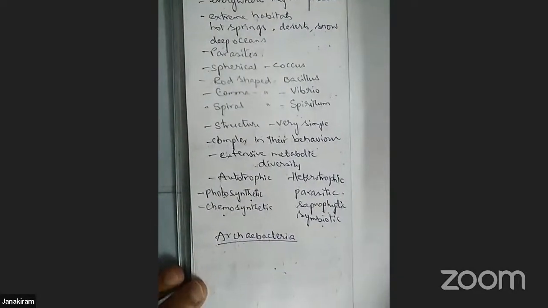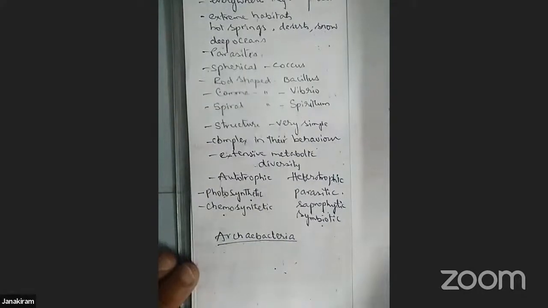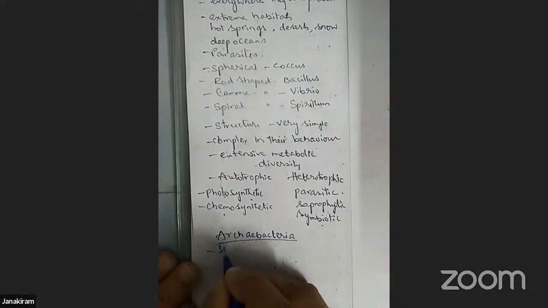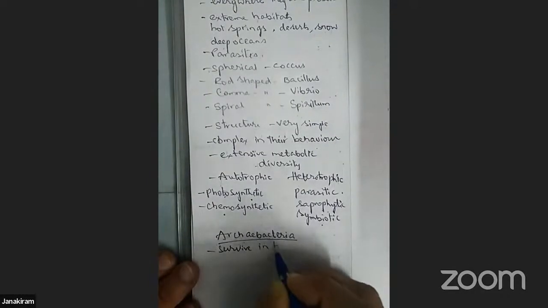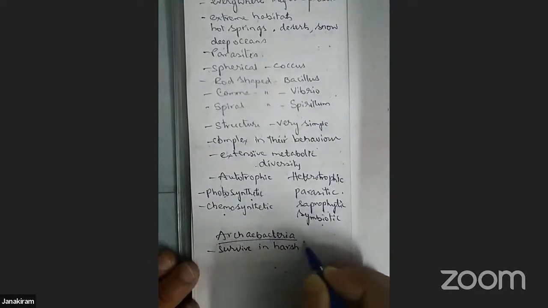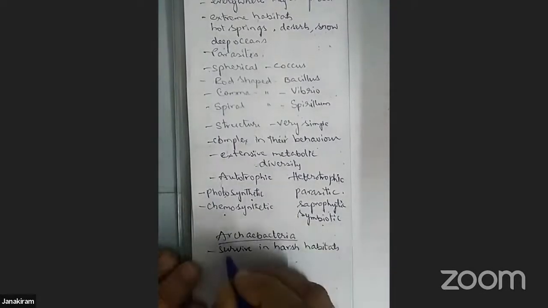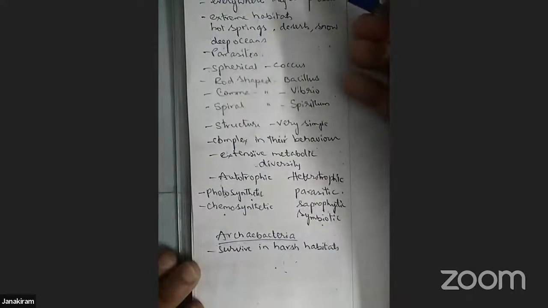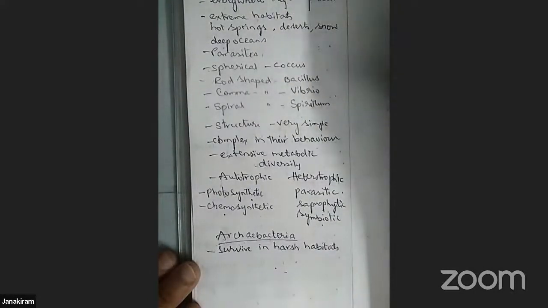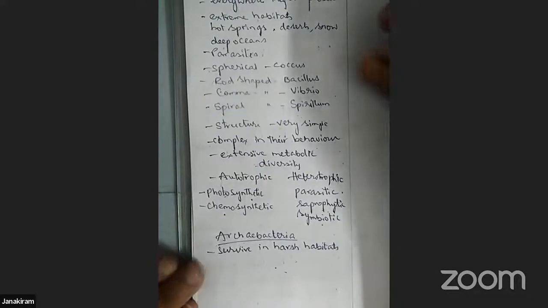Archaebacteria are considered special since they can live in harsh habitats, that is, extreme conditions, because of their cell wall nature. Generally, in Monera or bacteria, peptidoglycans are the cell wall material.